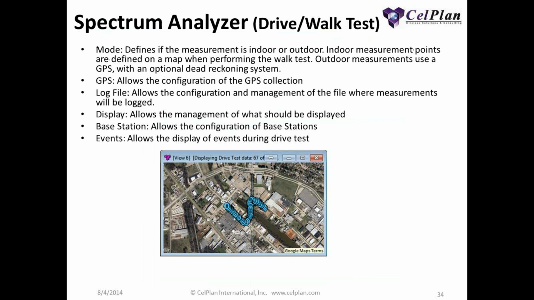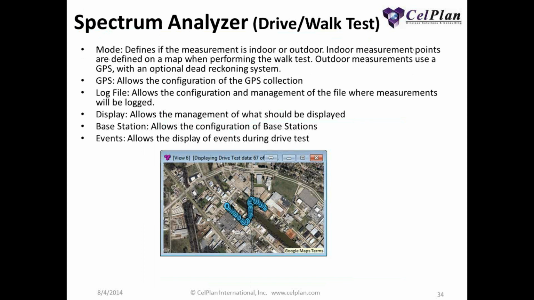Another thing is that we can capture live data, store it, or even load data that was already stored. So we can analyze what was happening last week. We had an issue with an interferer.